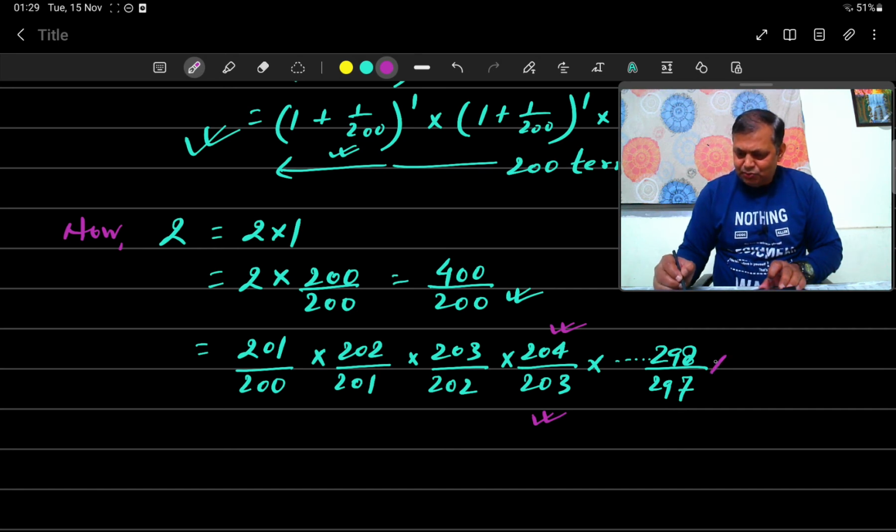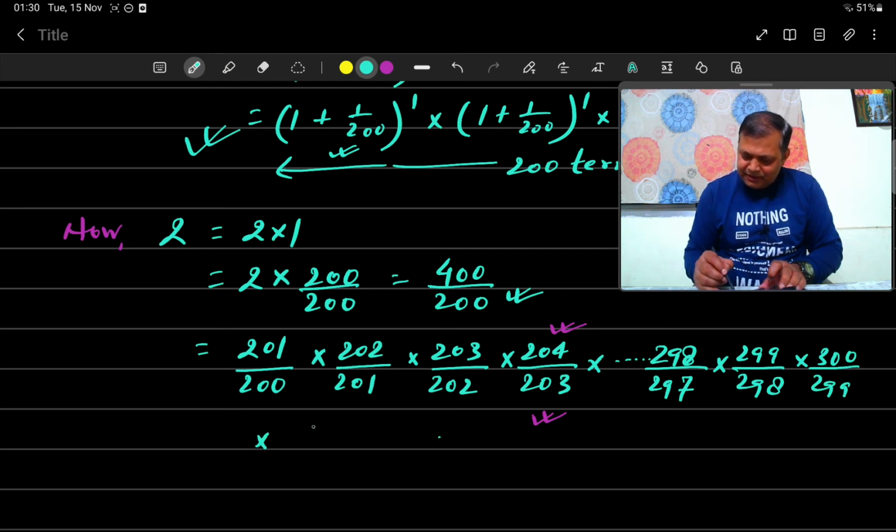In this way you can write, multiplied by 299 divided by 298 multiplied by 300 divided by 299.